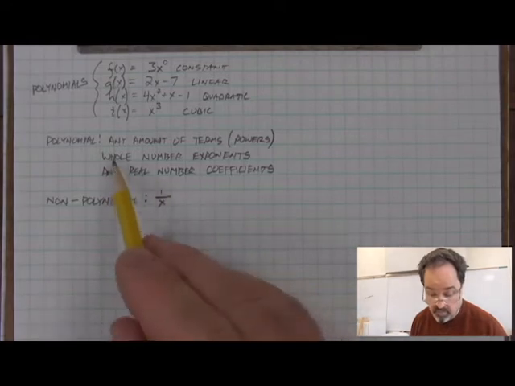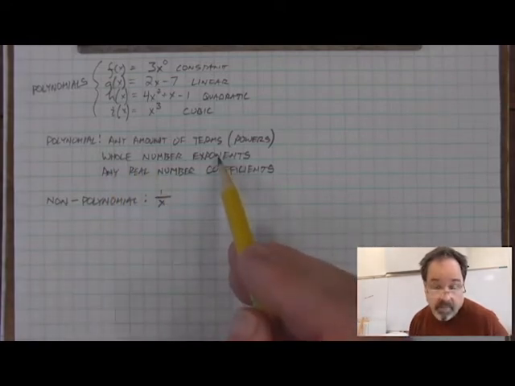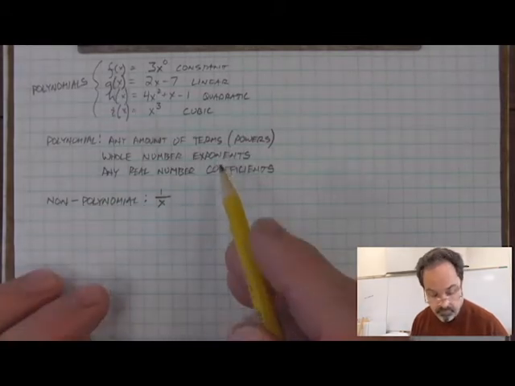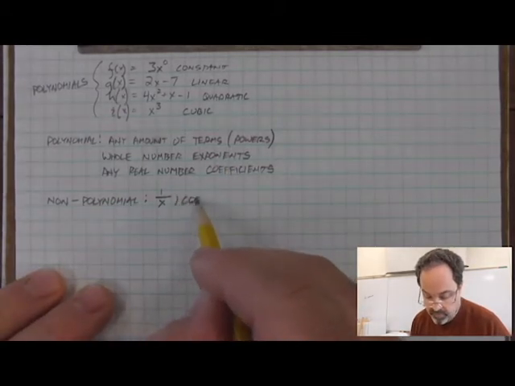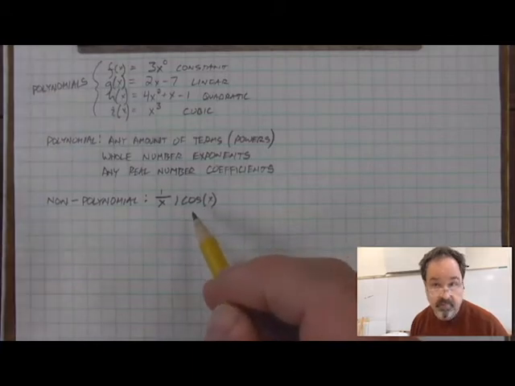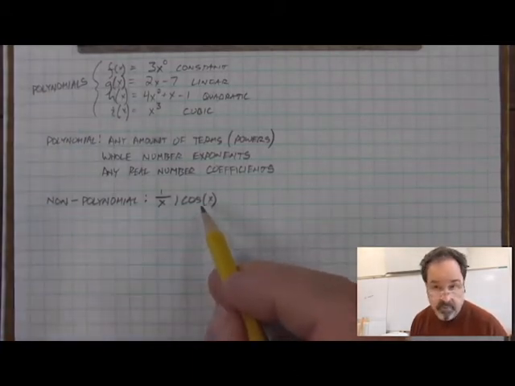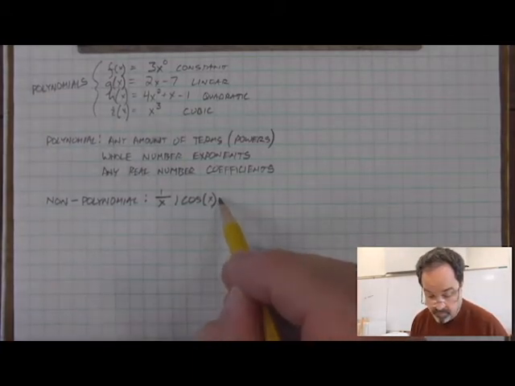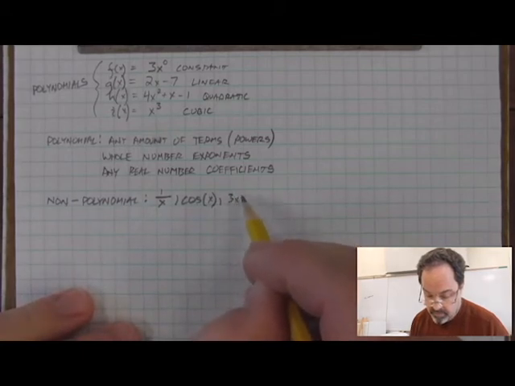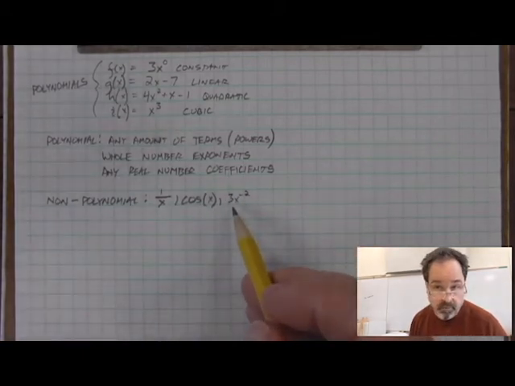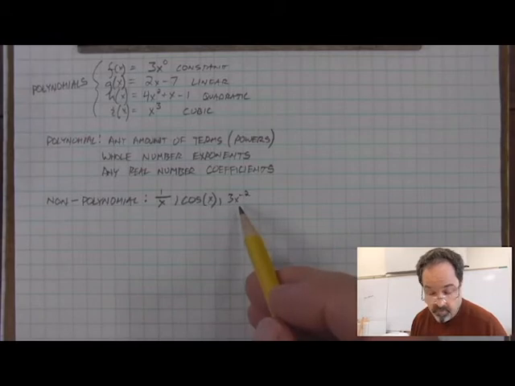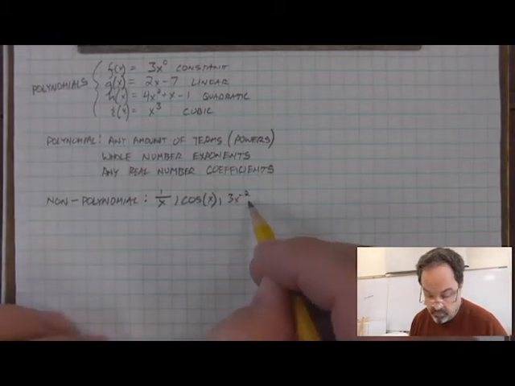And negative 1 is not a whole number, so it can't be an exponent and also be a polynomial term. Any trig function like cosine of the variable is not a polynomial term. It's not a power. 3x to the negative 2 is a power, but again, has a negative exponent, not a whole number, so it's not a polynomial.